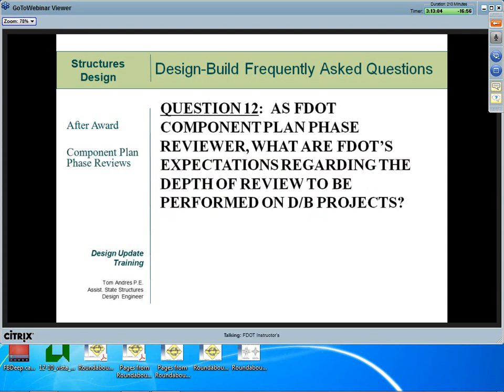Question number 12. As DOT component plan phase reviewer, what are FDOT's expectations regarding the depth of review to be performed on design build projects? The level of review for design build is similar to the level of review for conventional jobs.